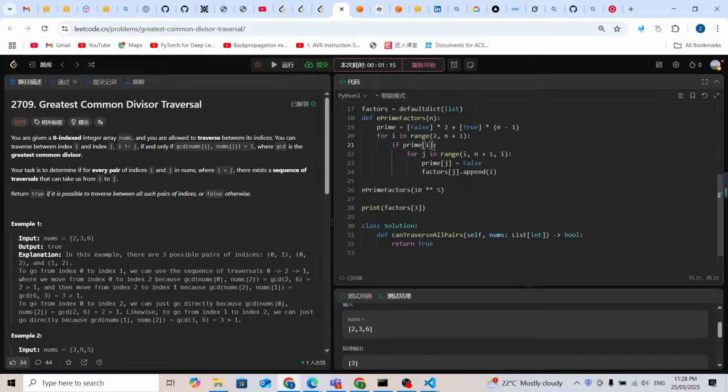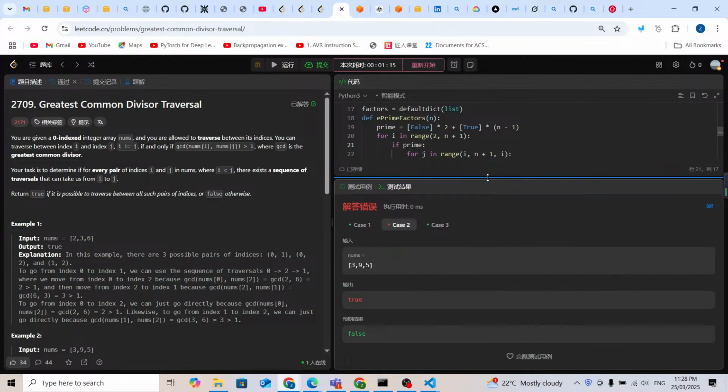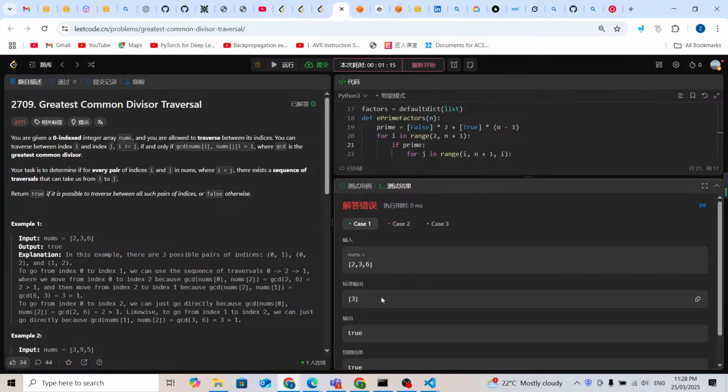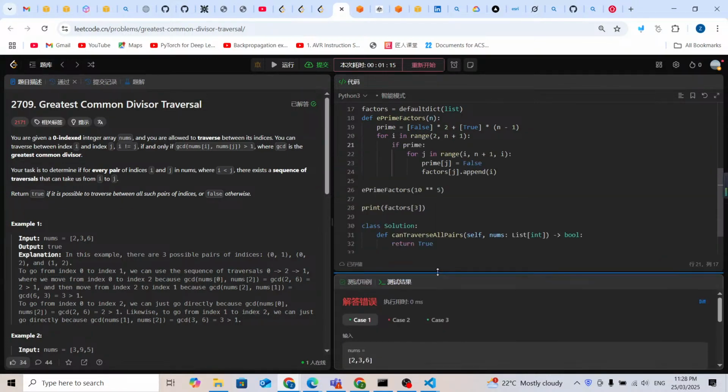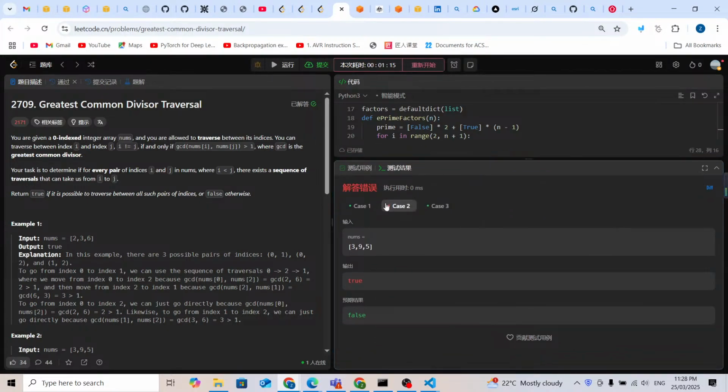Maybe there's something wrong, but I don't know. Let's just check. So for this one, for 3, I have 3. So what about 6? If I have 6, I need to have something like 2, 3, and 6.